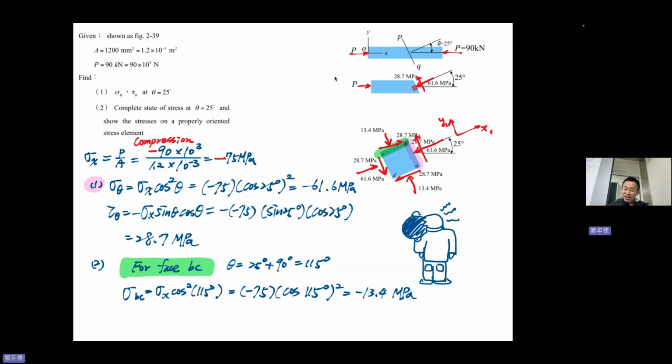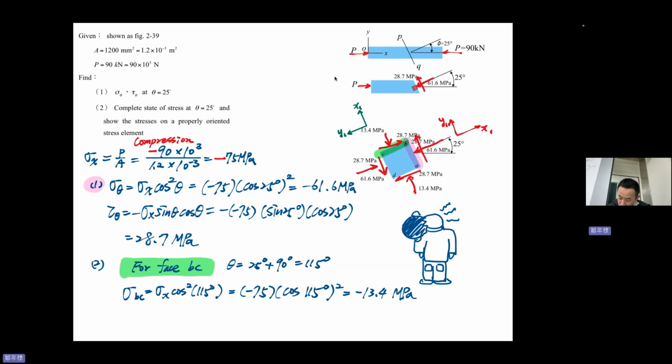But for the green surface, your direction is this one, y1, x1.